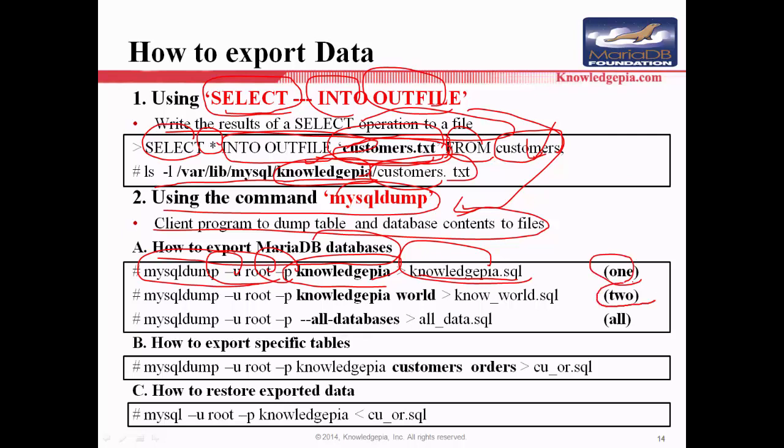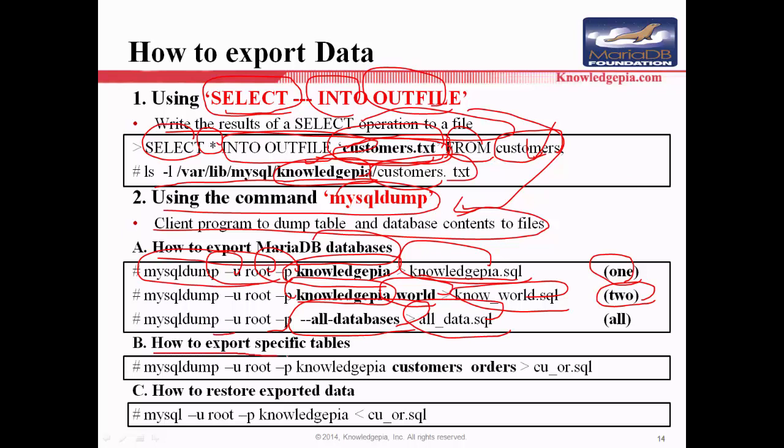But if you want to export multiple databases, then here, knowledge, PR database, world database, and after that we can save with this kind of file name. And if you want to export all databases, then we can use this option with a file name.